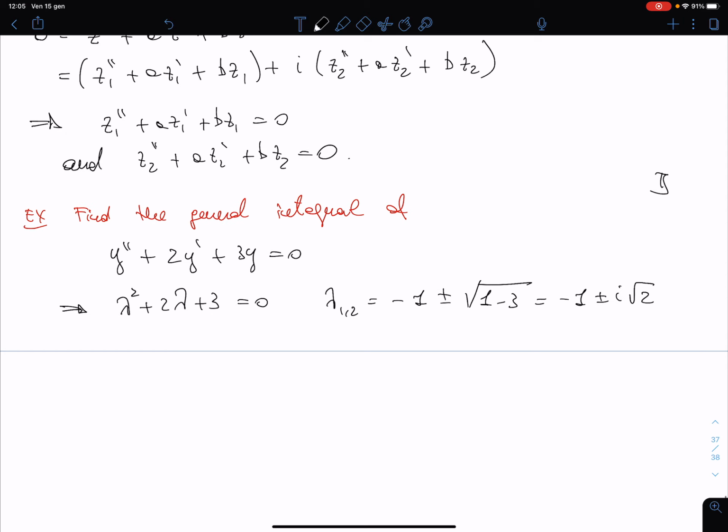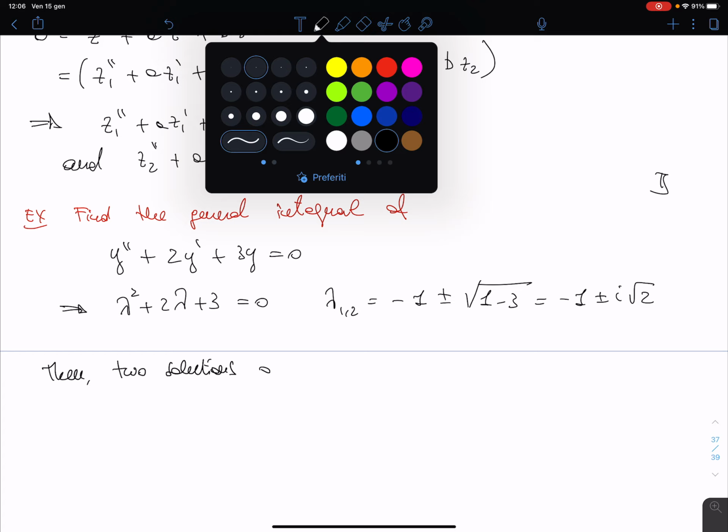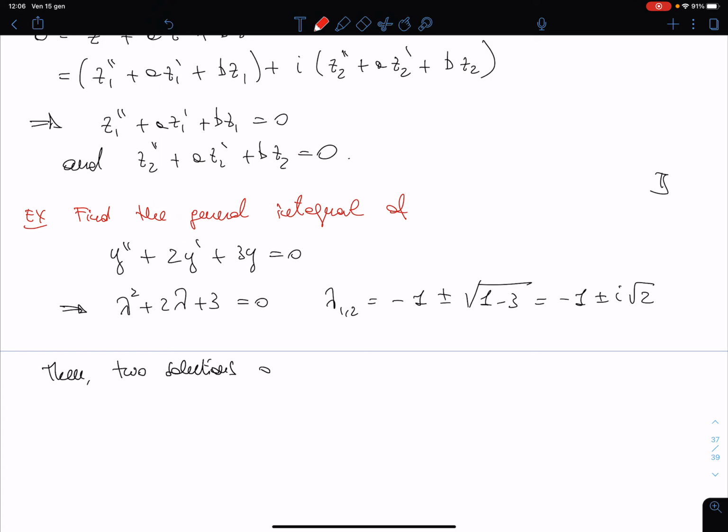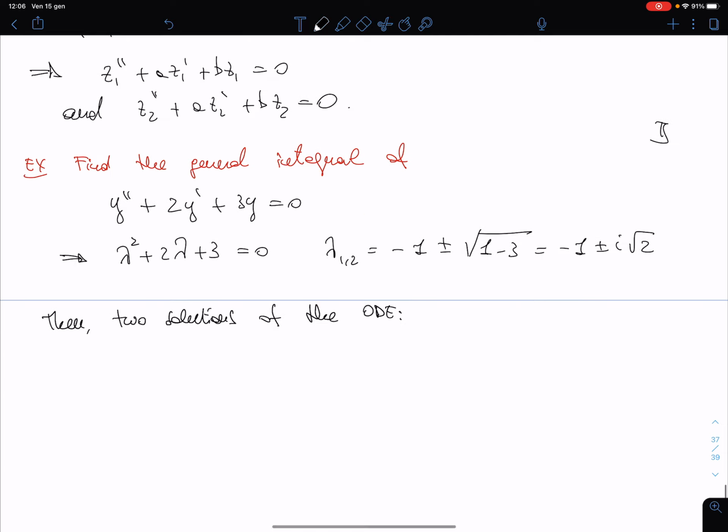Okay. Then, extending the recipe for a real solution to complex solutions, we use the exponential.